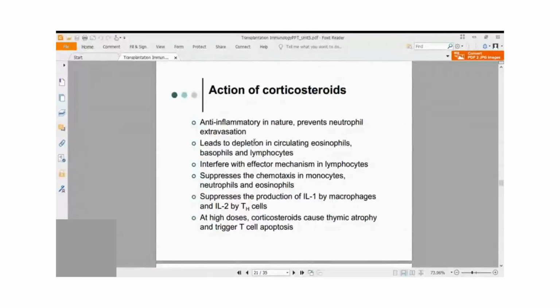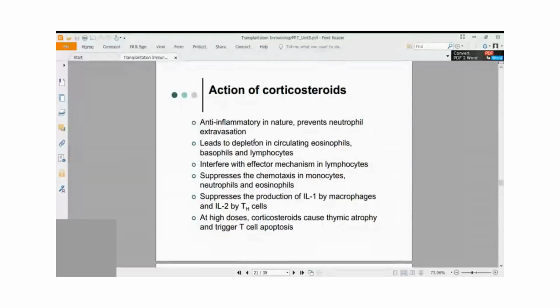That process will not happen, because IL-1 is going to be stopped from secretion. Similarly, IL-2 secretion also will be stopped in the TH cells. If IL-2 secretion is not there, the TH cells cannot undergo autocrine activation or proliferation. Proliferation of TH cells will also be prevented.